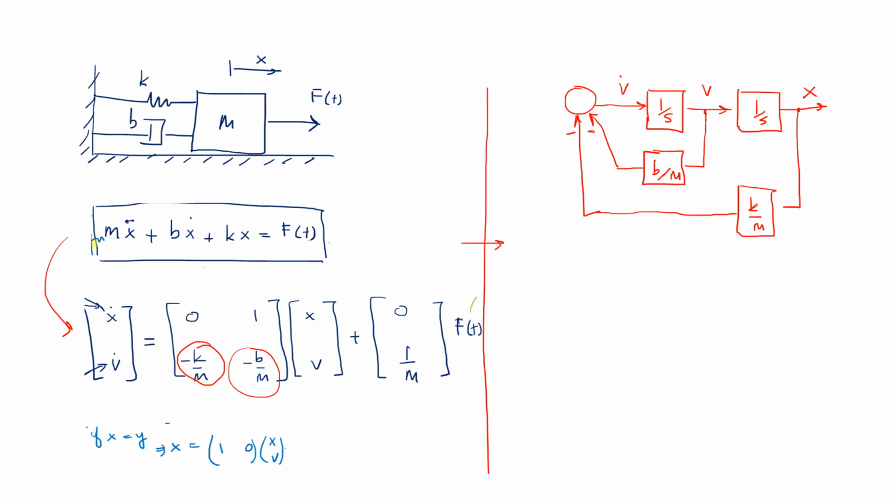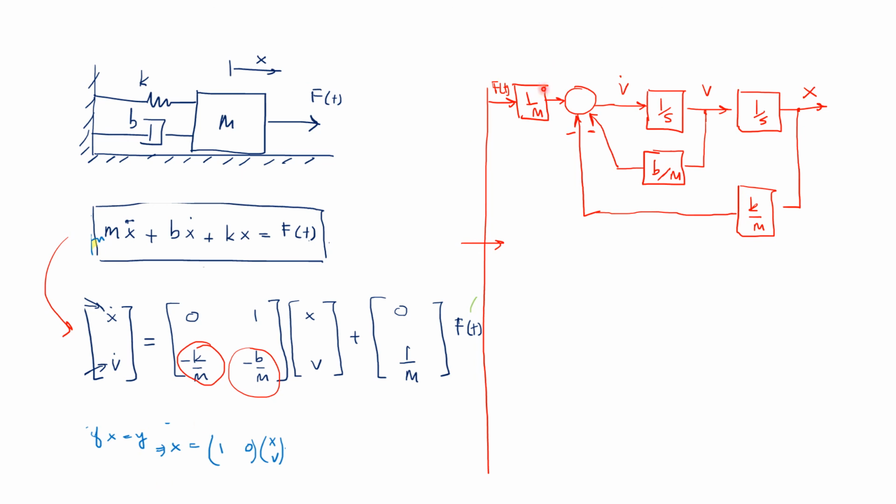The only thing that is remaining is how you're going to provide the input over here. And you can see that f of t is multiplied with 1 over m. So I'm going to place a gain 1 over m over there, and then you can provide this side with the f of t signal. And that is going to produce 1 over m times f of t.